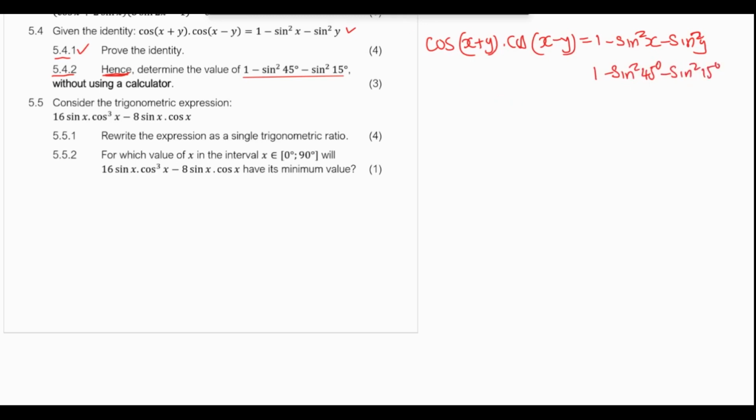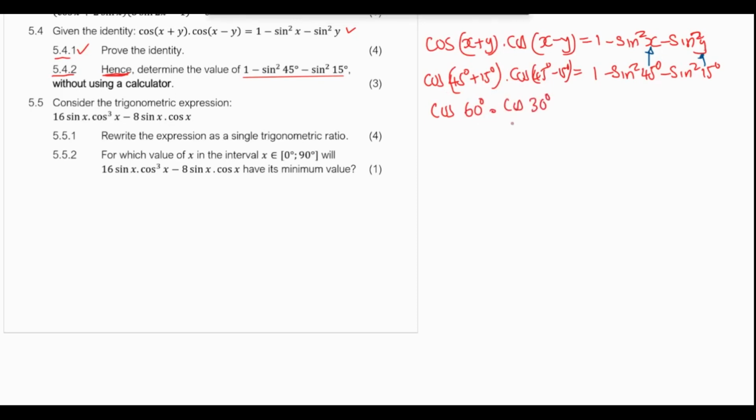We can easily see that 45 is equivalent to x and 15 is equivalent to y. So where there's x, we put 45, and where there's y, we put 15. So this can be cos(45 degrees plus 15 degrees) times cos(45 degrees minus 15 degrees). You see that? This is equal to cos 60 degrees times cos 30 degrees.